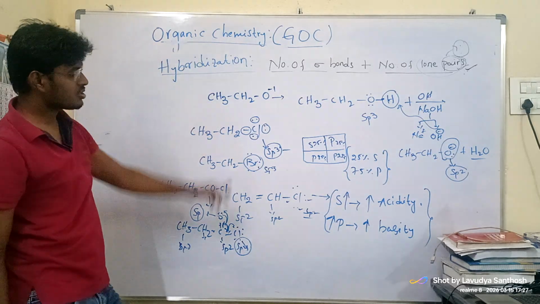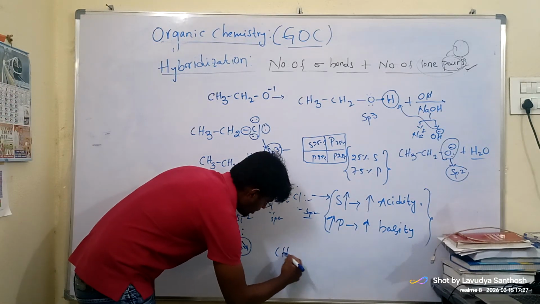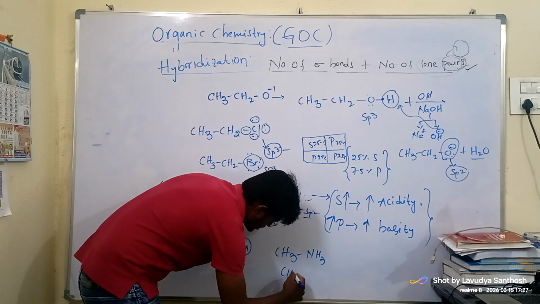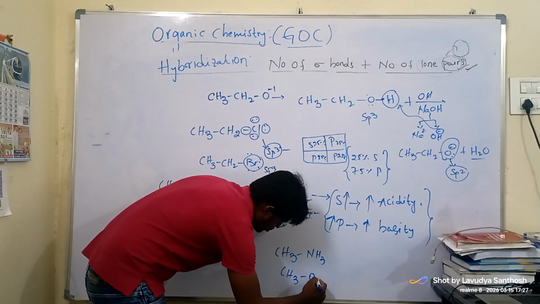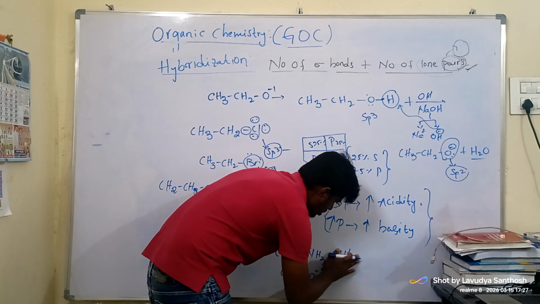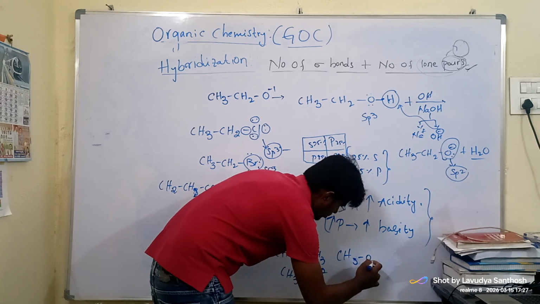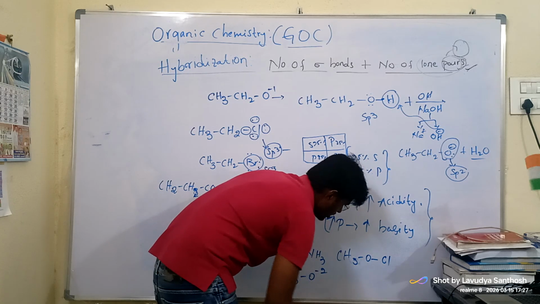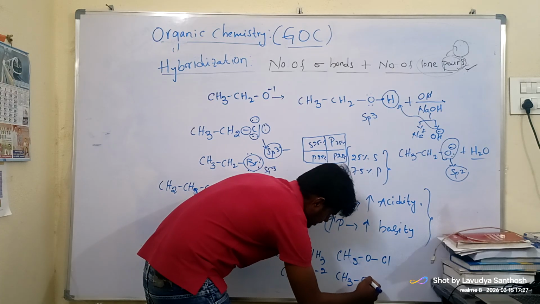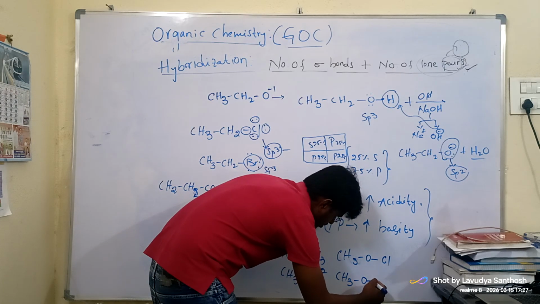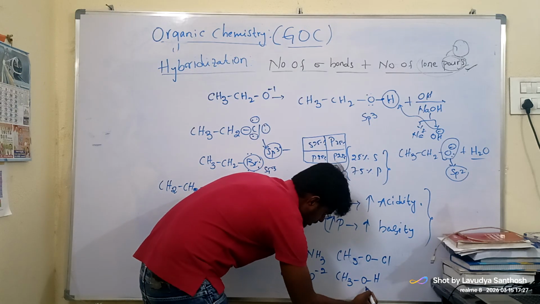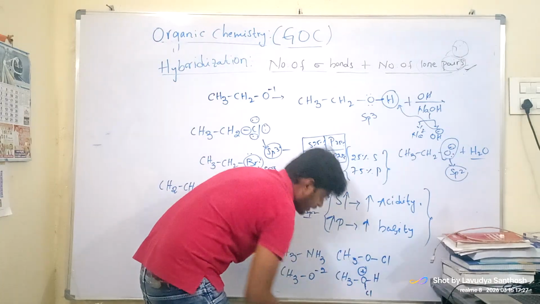Hope that you understood this, and try these examples: NH3, CH3O minus, CH4, CH3OCl, and CH3COOH, HCl.